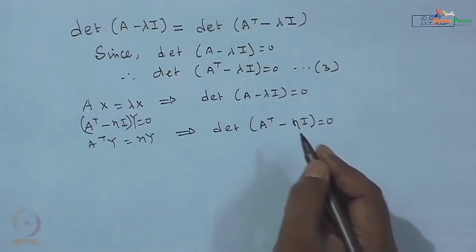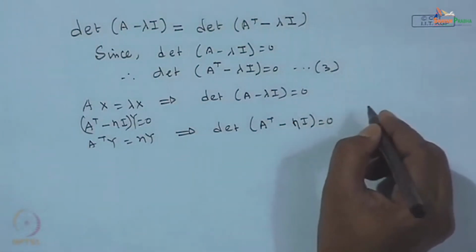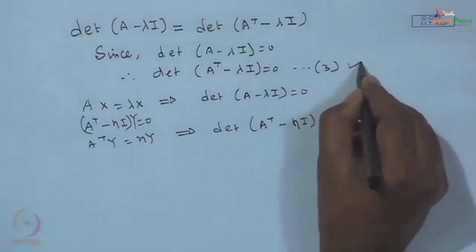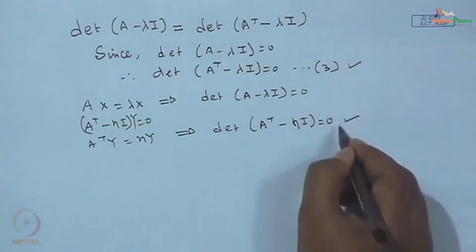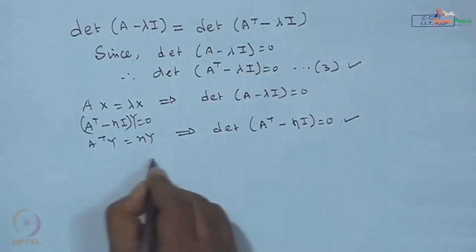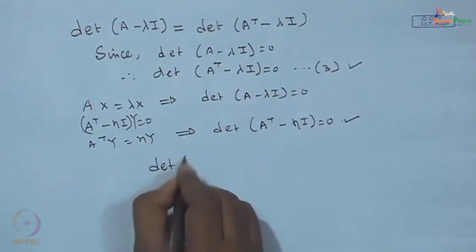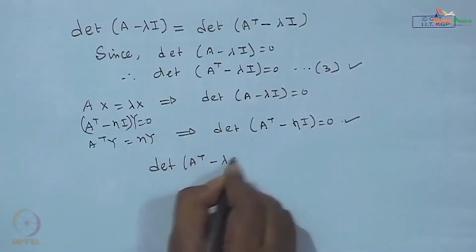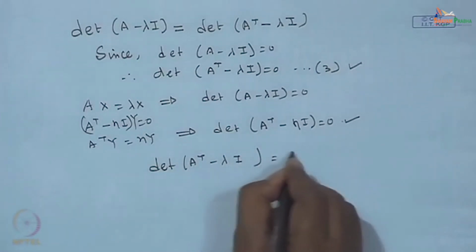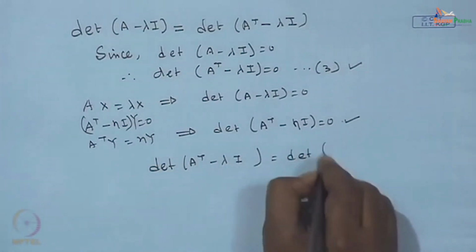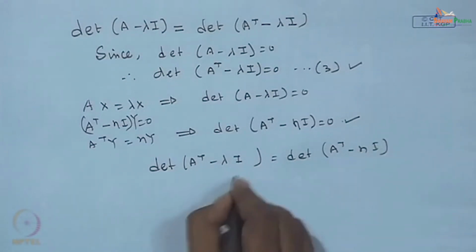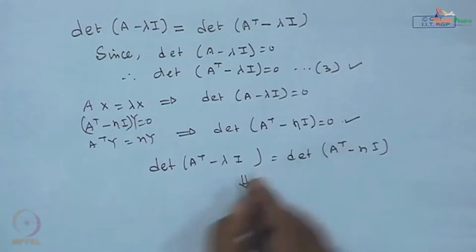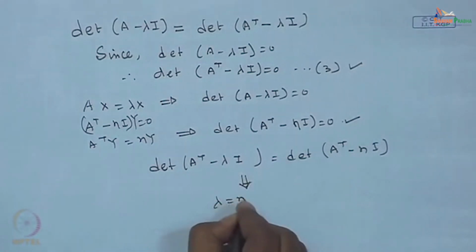So, from this we can compare this equation and this equation. If you compare them, what we will get? That determinant of A transpose minus lambda I is equal to determinant of A transpose minus eta I. That simply tells us that lambda is equal to eta.